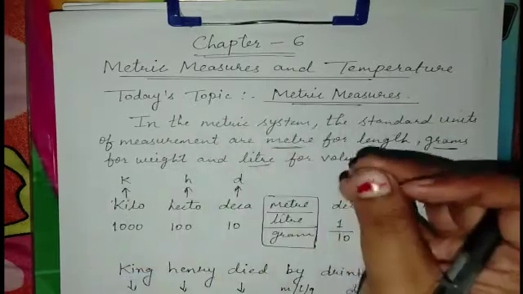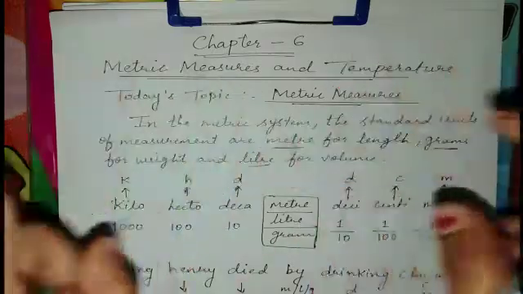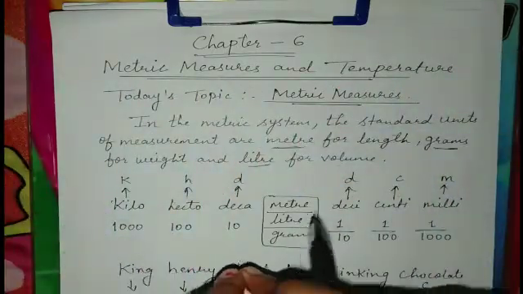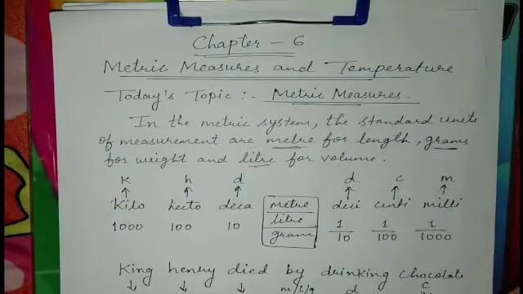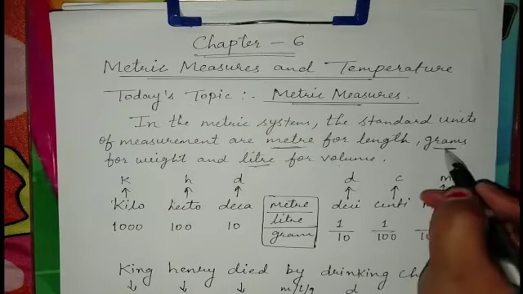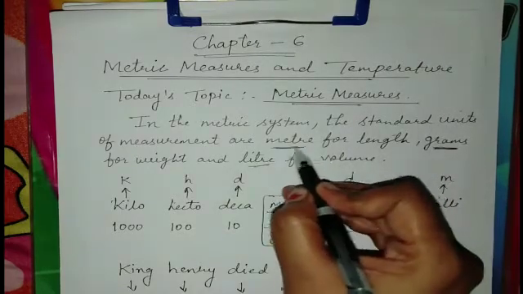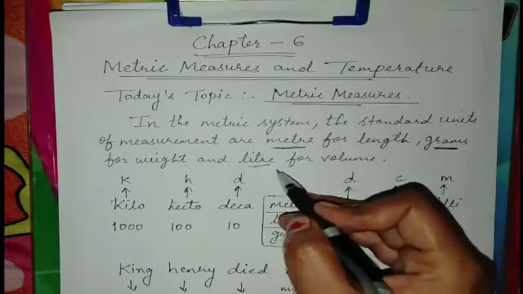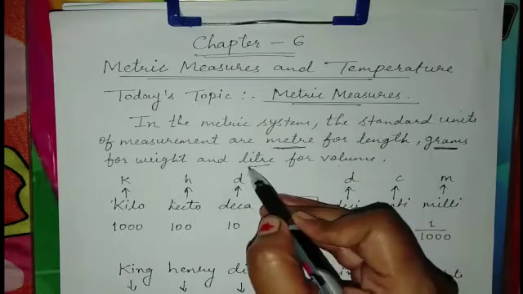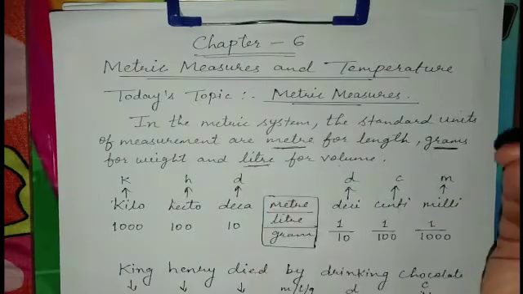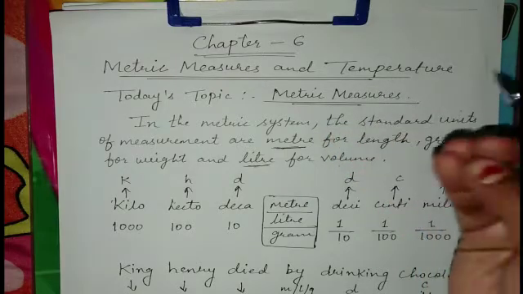Last week I gave a few tasks for you all to measure the length of a textbook, your weight, your height, etc. You measured your weight in grams, the length of a book in centimeters or meters, and the volume, means capacity, of water in liters. Now we will learn about meter, gram and liters, means we will learn about metric measures.